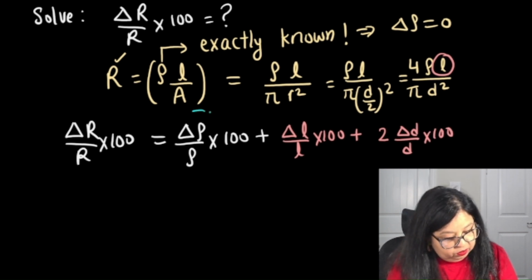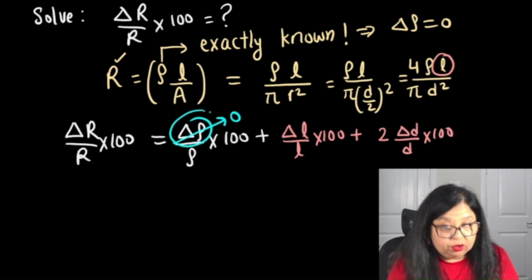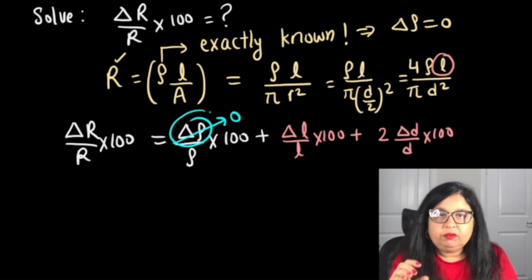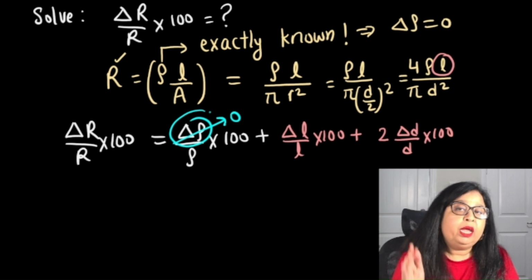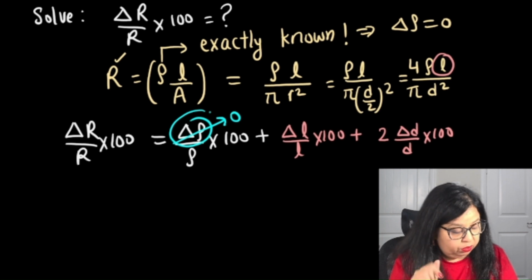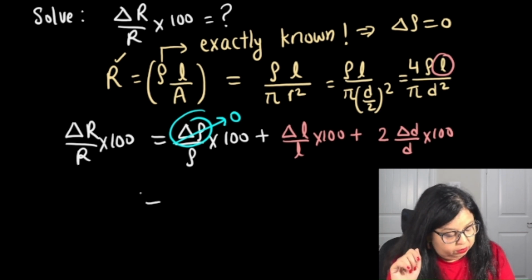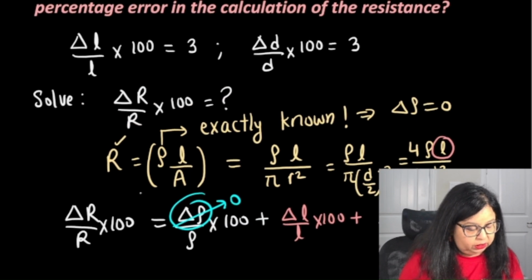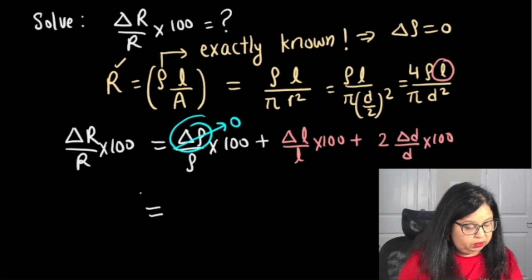Now what did we say about this delta rho? This is equal to 0. Why? Because this is a silver wire and its resistivity is exactly known at the given temperature. Therefore, the uncertainty in the resistivity is 0. Delta L over L times 100 is 3, and also the percentage error in the diameter is 3.